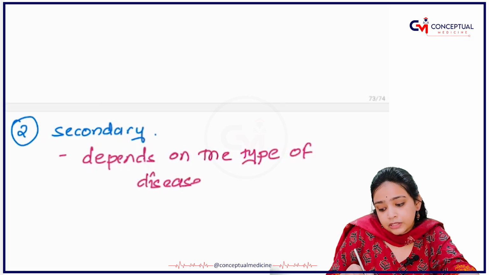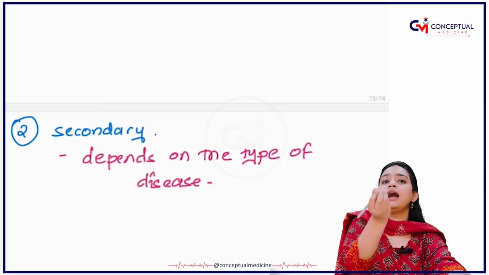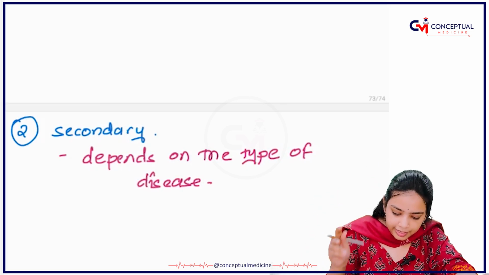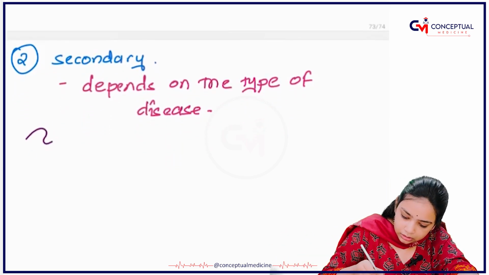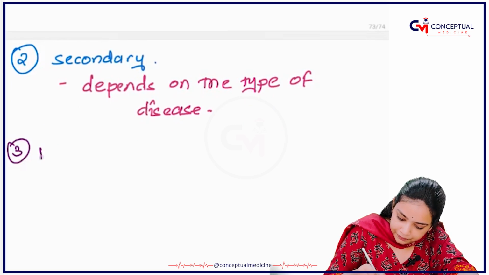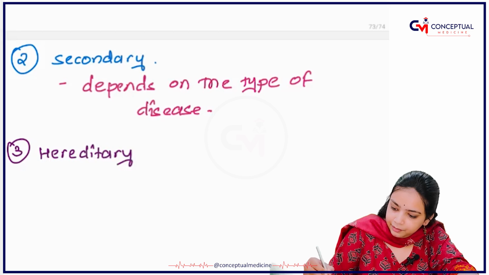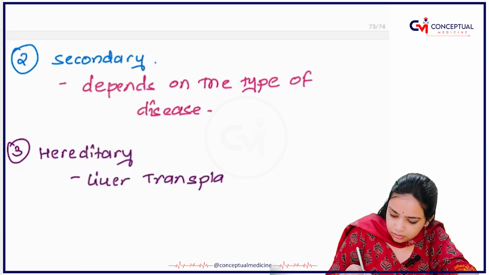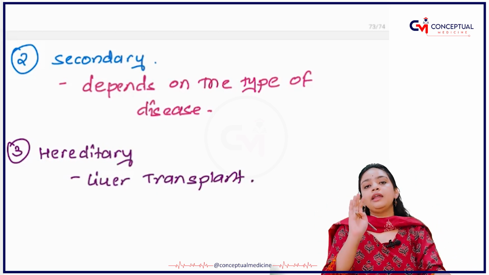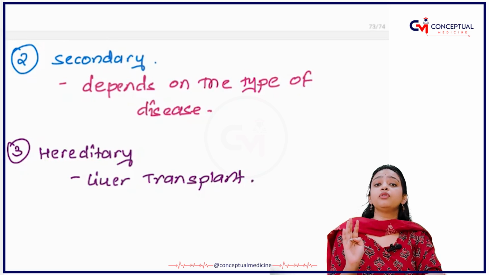Like if it is a case of tuberculosis, then you will start the anti-tuberculosis drugs, right? Next, the third one, for the hereditary one, what you will do? You will do the liver transplant. And also, what is the supportive care you will give to the patient?